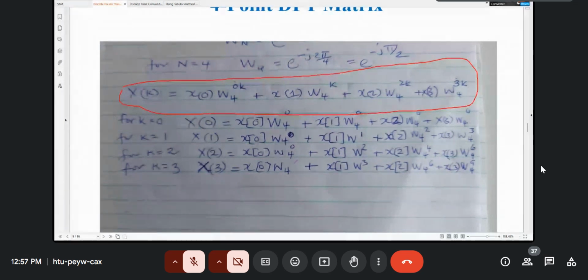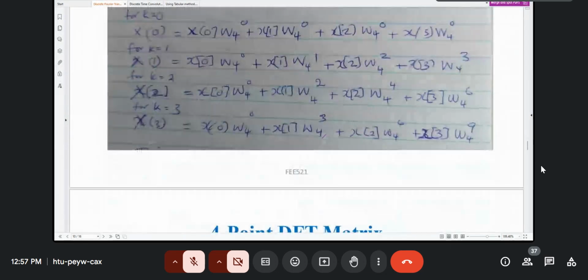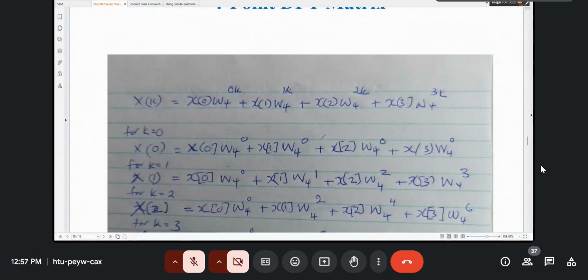Whenever any of them is 0, whether it is n or k, that becomes 0, because it is W to the power of kn. So that becomes 1. If you look at it, we have worked that out.